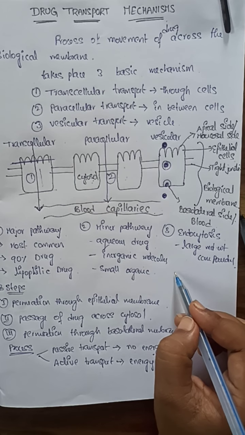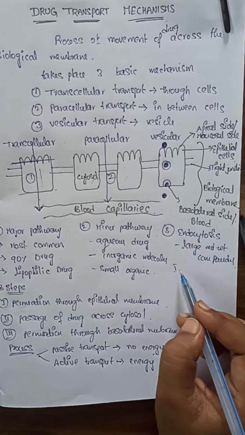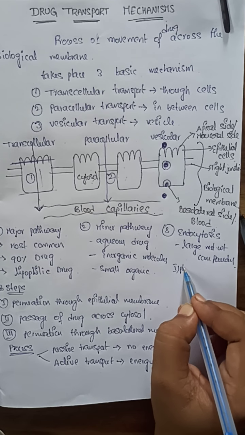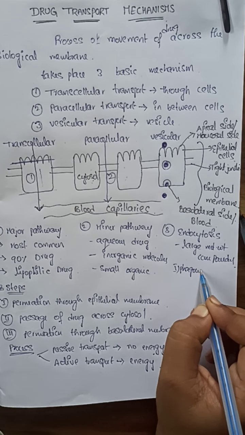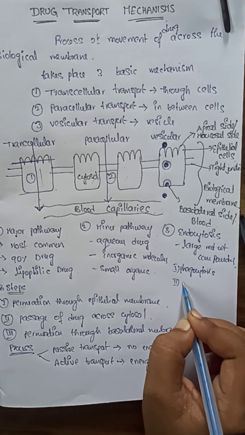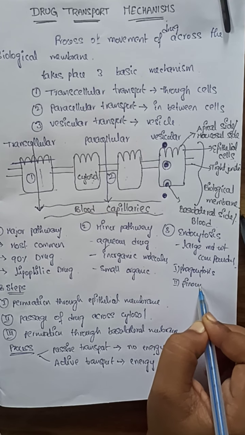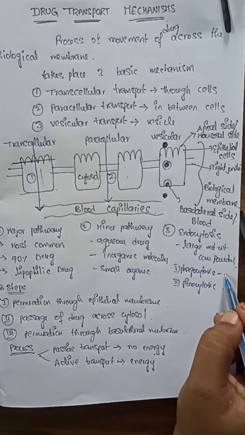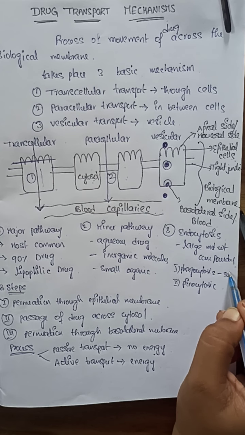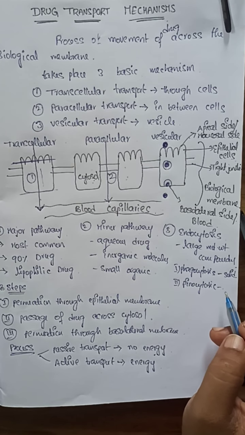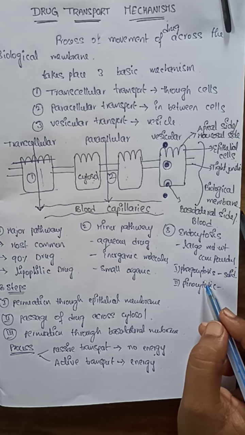It is again divided into two types. One is phagocytosis and the second one is pinocytosis. Phagocytosis means if the drug is present in solid form and the solid drug is absorbed by the vesicular form, it is known as phagocytosis.